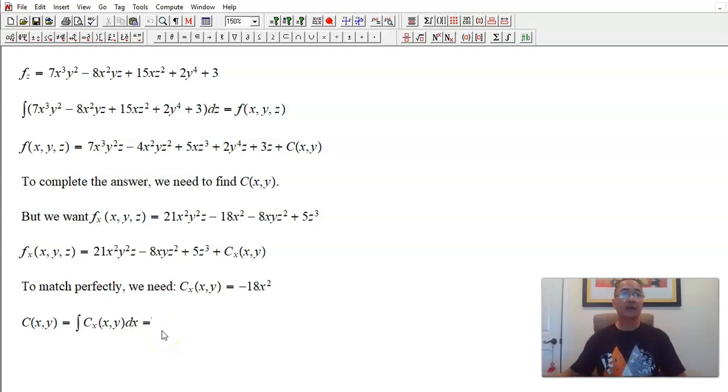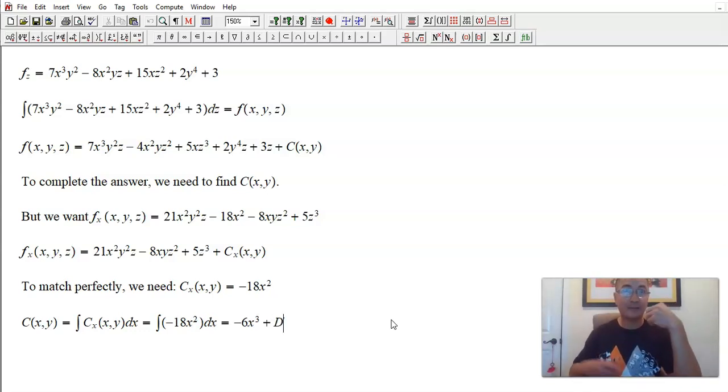So that is the partial antiderivative of minus 18x squared with respect to x. And we can do that. X cubed over 3, cancel the 3, we get minus 6x cubed, plus a constant. Let's call it d this time.